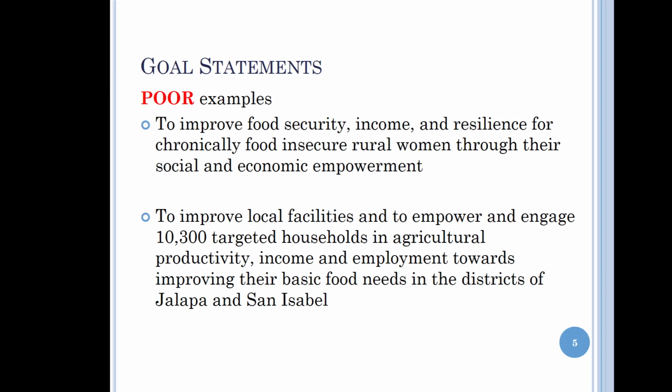The second statement: to improve local facilities and empower and engage 10,300 targeted households in agricultural productivity, income, and employment towards improving their basic food needs in the district of Jalapa in San Isabel. This is such a complicated goal formulation. It also has multiple goals inside. This becomes problematic for monitoring and evaluation, for example, to state whether the goal has been reached or not.